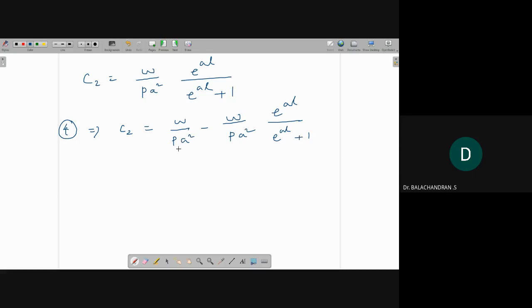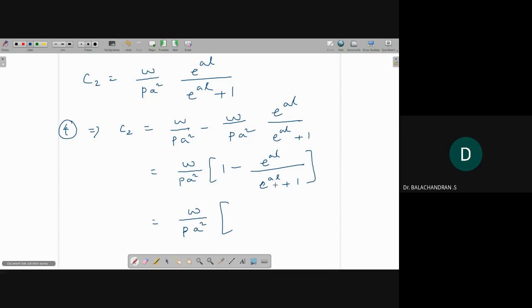So you take omega by P square commonly. Remaining 1 minus e power AL by e power AL plus 1, which is equal to omega by P square.